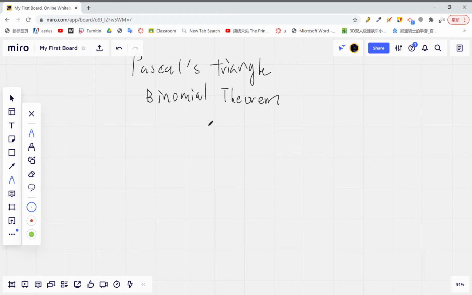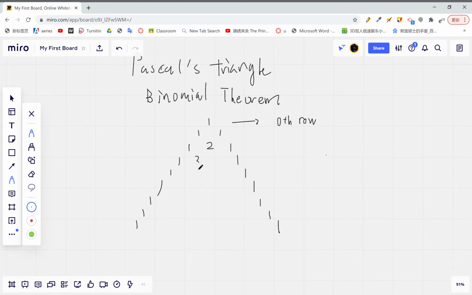So basically, in Pascal's triangle, you have 1 on both sides, and this is the 0th row. And remember this.